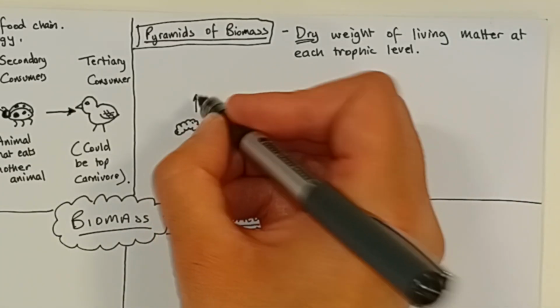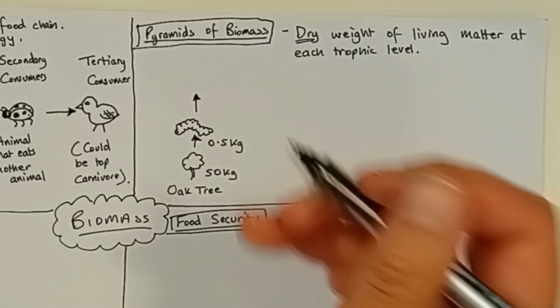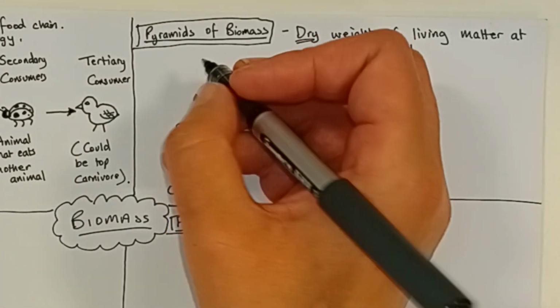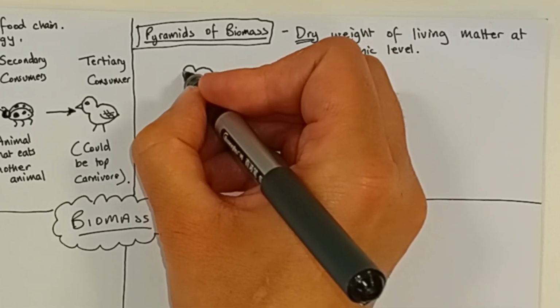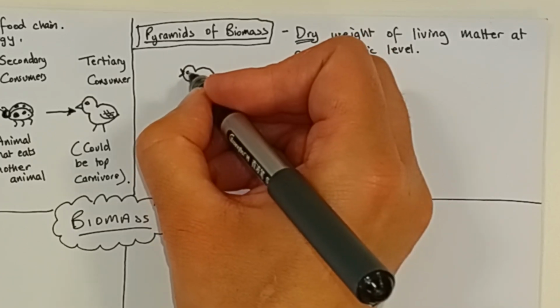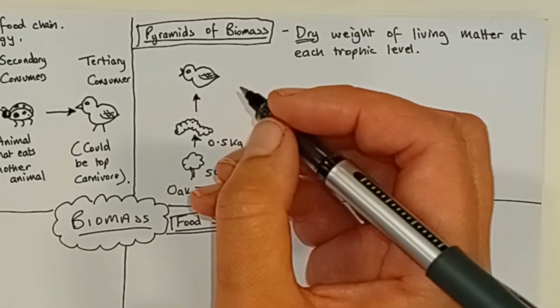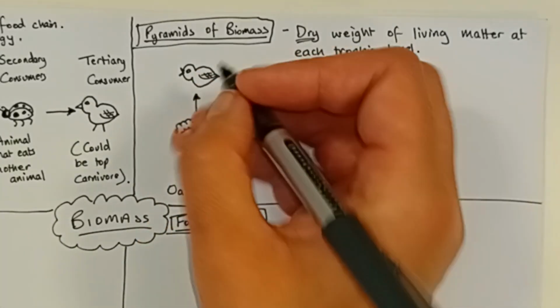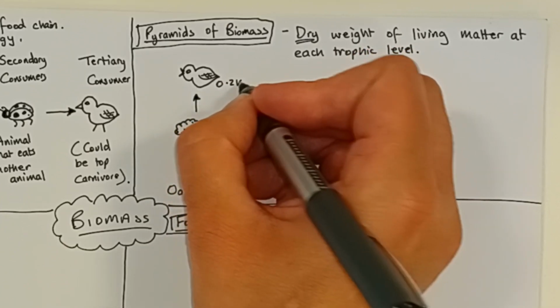And equally, living on those caterpillars are a pair of birds, so 2 birds. And birds, although they look quite big, are actually quite light, so mostly feathers. So we're going to pretend that they weigh 0.2 kilograms.